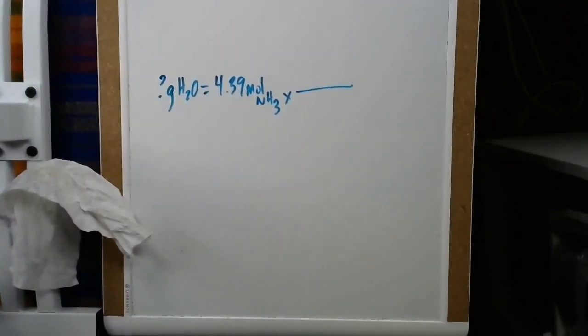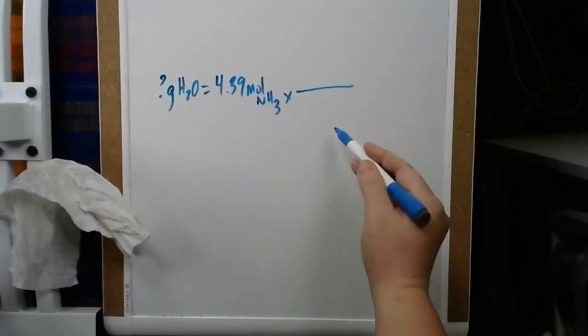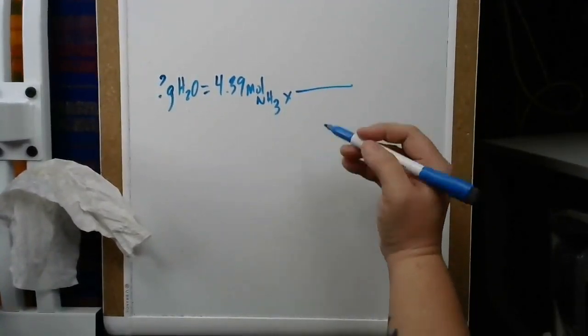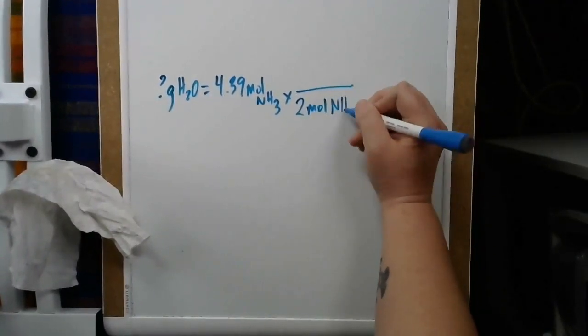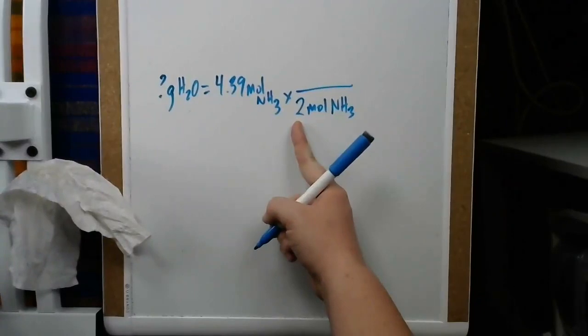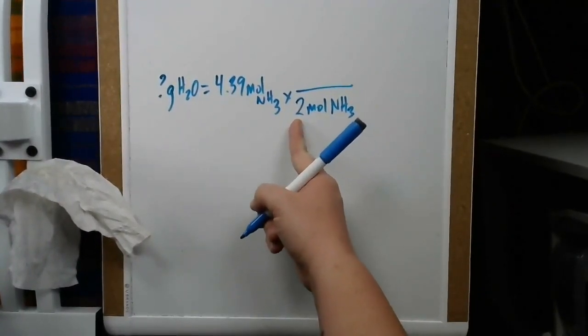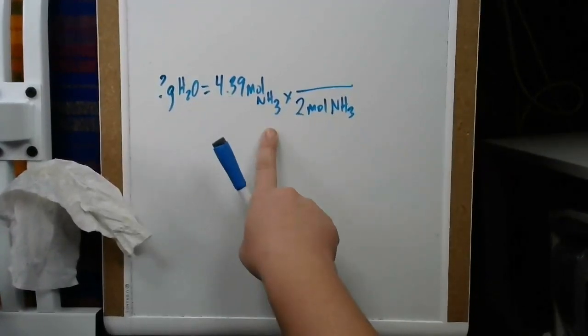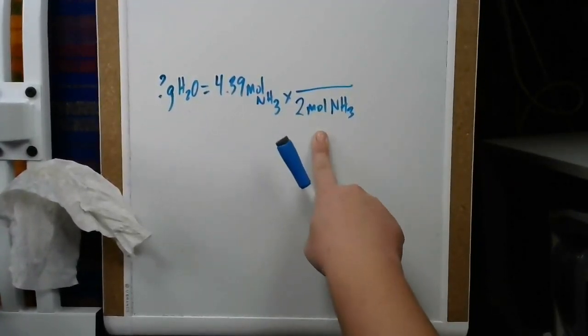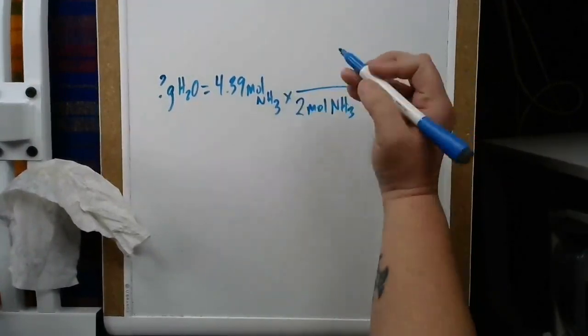Okay, so our first conversion here, moles of ammonia is going to go on the bottom. And we're going to use our number from our balanced equation to fill this value in. Okay, that number comes from our balanced equation. Now we're looking for the relationship between water and ammonia here. So we have 2 moles of ammonia is equivalent to 6 moles of water.